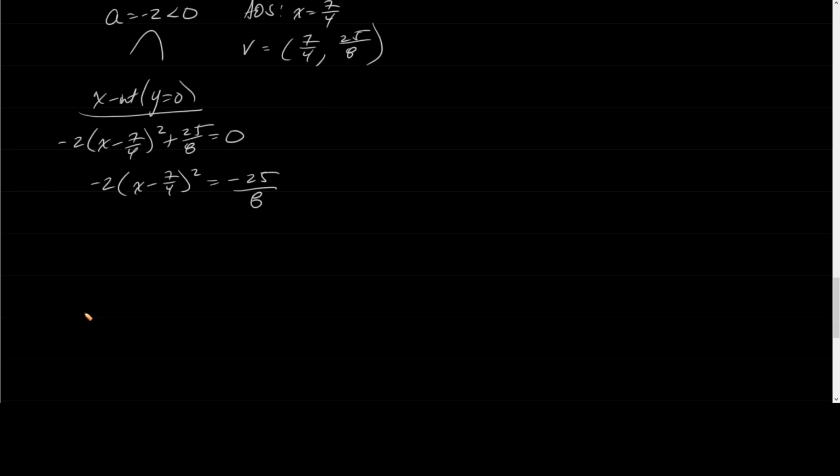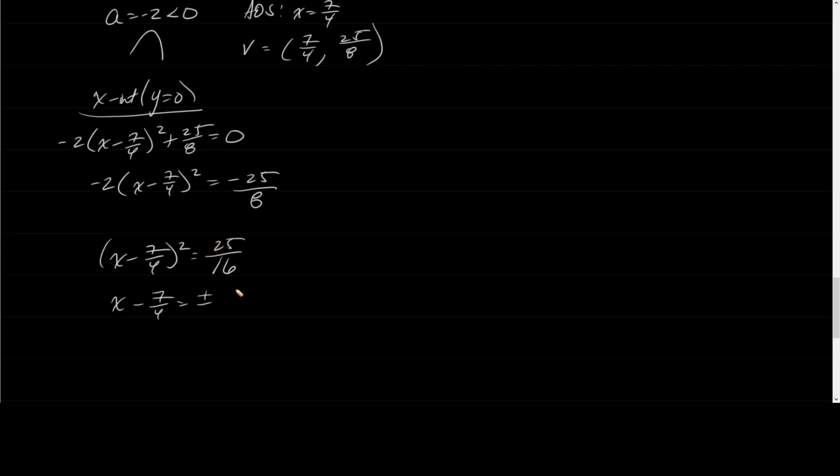Divide both sides here by -2. So that gives me x minus 7/4 squared is equal to, well, negative divided by a negative is positive, and 25/8 divided by 2 is the same as multiplying by 1/2. So we have 25/16. Take the square root of both sides, so x minus 7/4 is equal to plus or minus the square root of this thing.